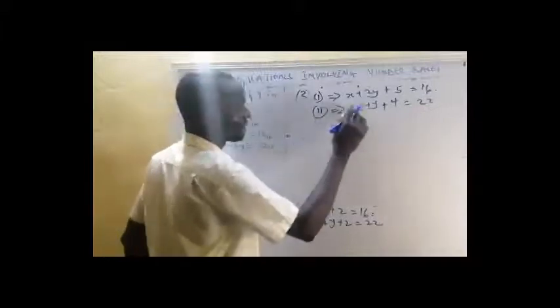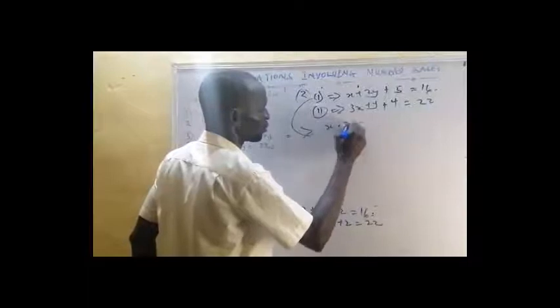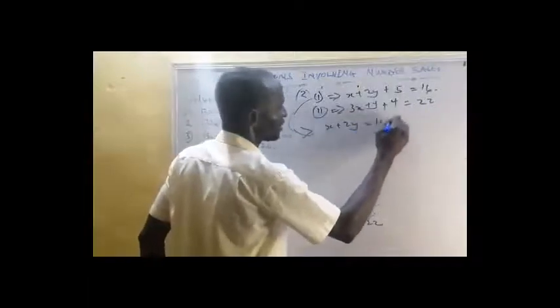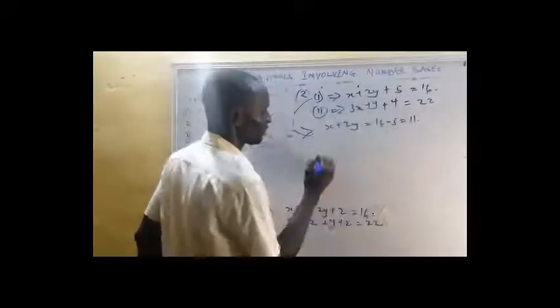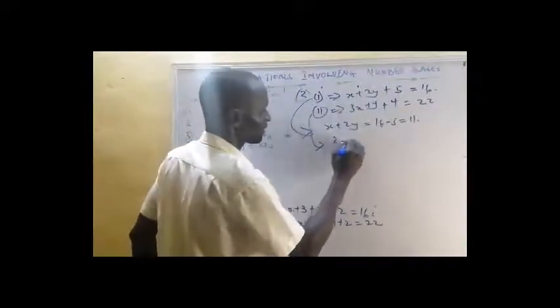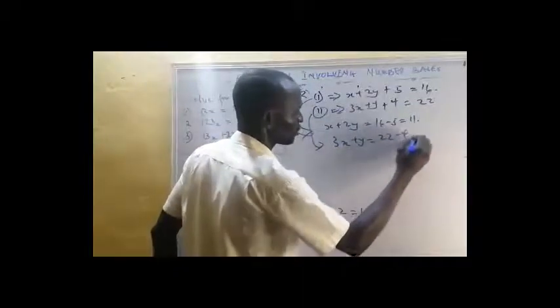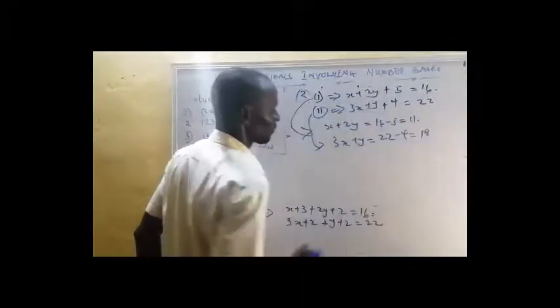Now, this implies that I can translate equation 1 to mean x plus 2y is equal to 16 minus 5, which is equal to 11. And equation 2 also becomes 3x plus y is equal to 22 minus 4, which is equal to 18.